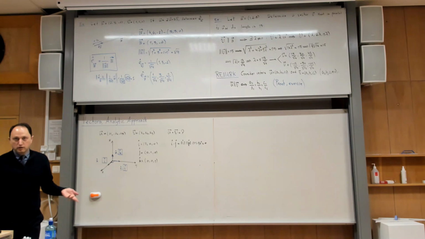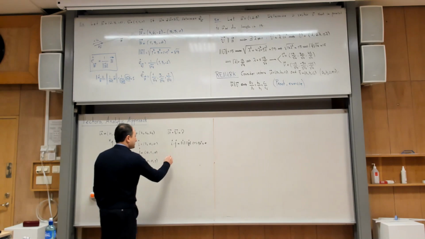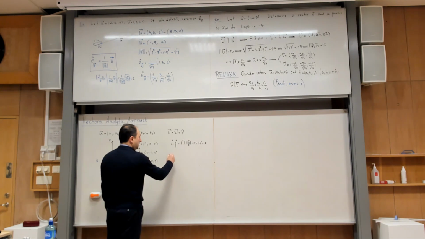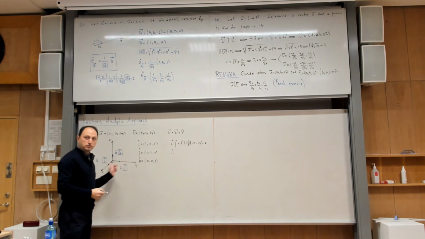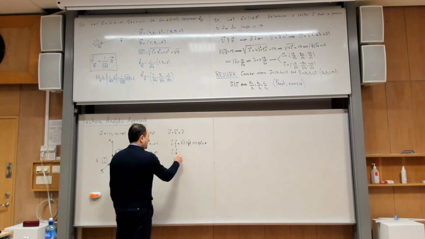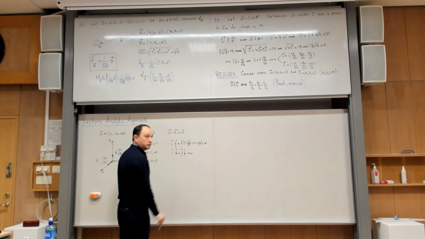If they are perpendicular, the dot product should be 0. If I ask you about j dot i, that's the same because it is commutative. So for any pair of these vectors, i dot k and j dot k, i dot j, all of them are 0.